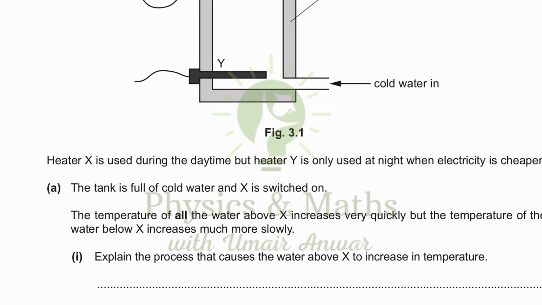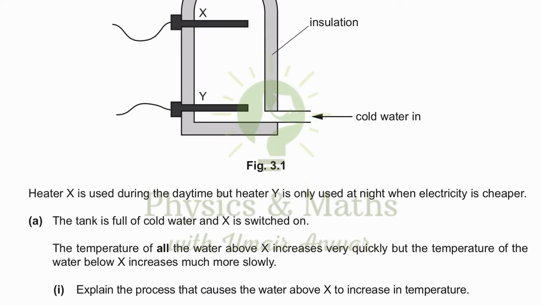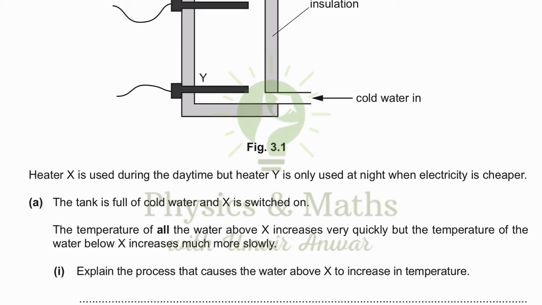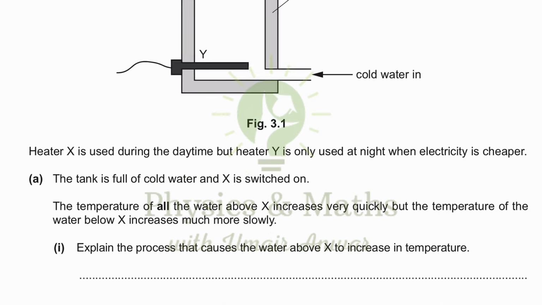Heater X is used during the daytime, but heater Y is only used at night when electricity is cheaper. So normally heater X is being used in the daytime, and heater Y is only used when it is needed at night when the electricity is cheaper.